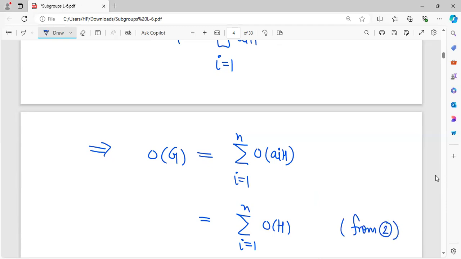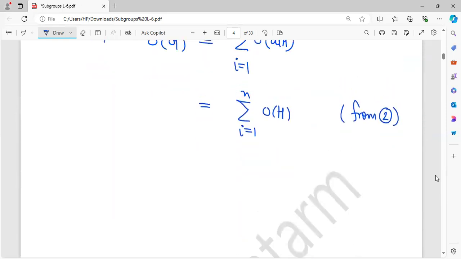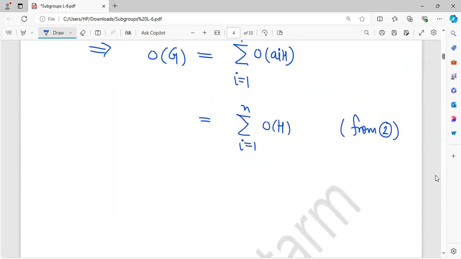Now what is this? This is n times the order of H. So we have the order of G is n times the order of H.